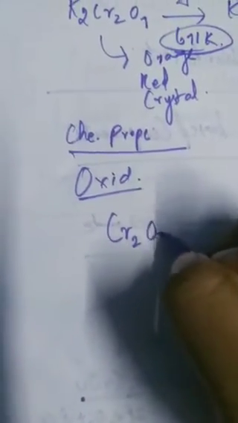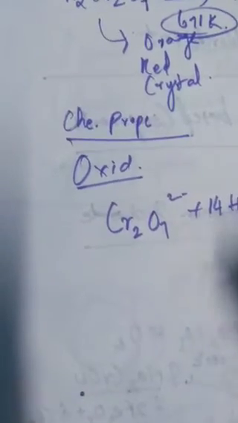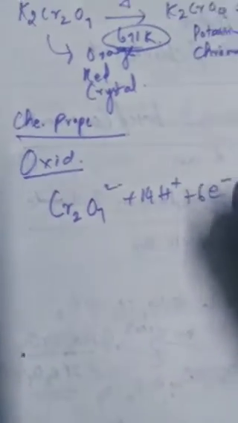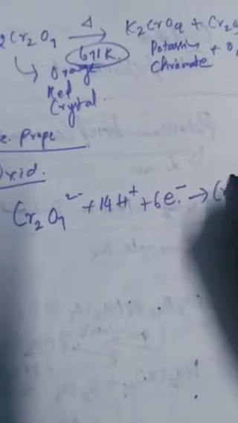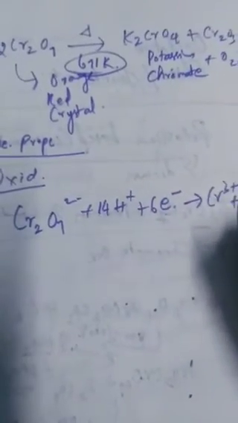Now we are going to see the chemical properties. In chemical properties, we are going to see about oxidation. In oxidation, what will happen? Cr2O7 oxidizes and turns to chromium plus water.